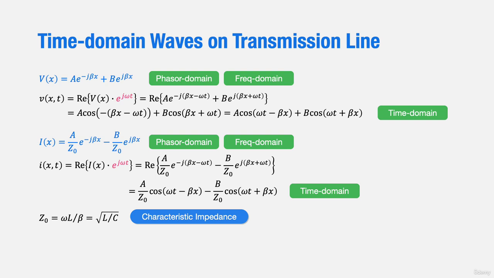This approach is quite clever. Okay, since the voltage wave V of x varies with position x, we know that it is propagating. Next, we should examine the direction of propagation as well as the wavelength and wave speed.